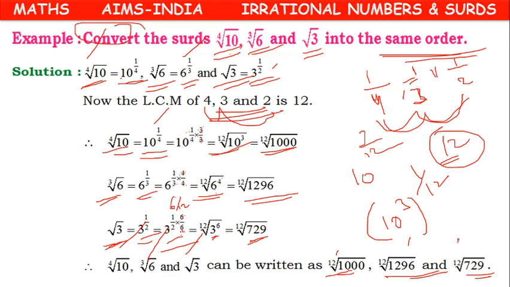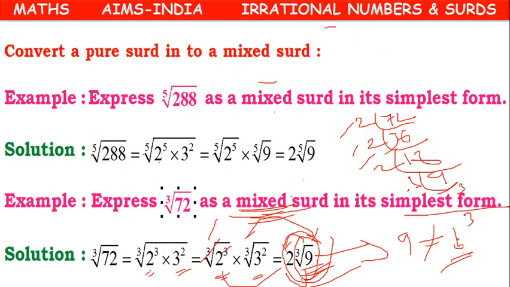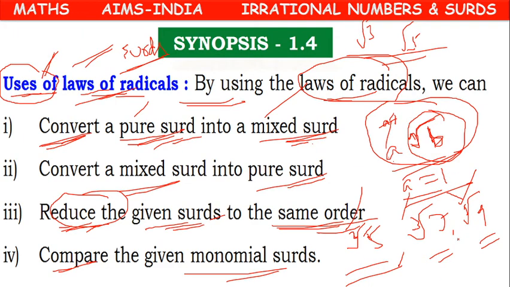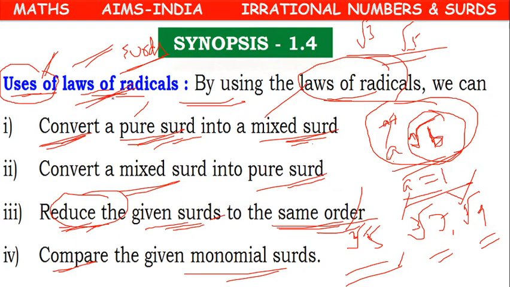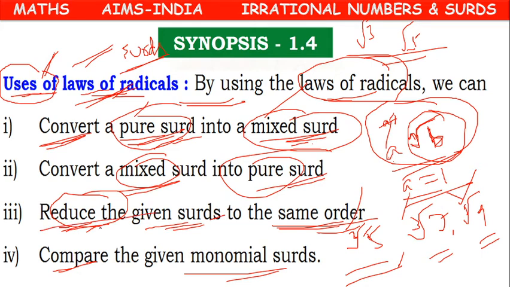Okay, children. Like this, we can convert the surds and we can compare them. So here, what we have learned, children, are the uses of laws of radicals. They are used to convert pure surd into mixed surd and mixed surd into pure surd, reduce the given surds into the same order, and compare the given monomial surds.